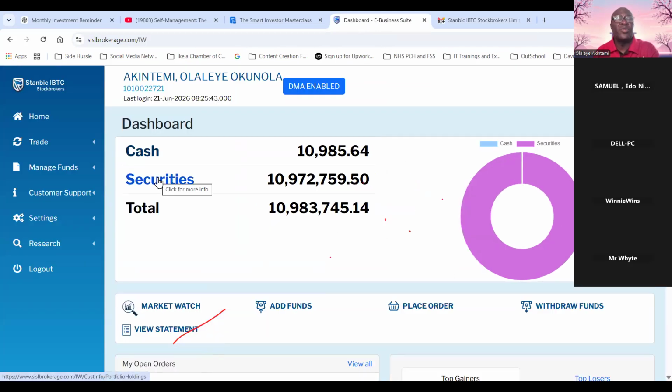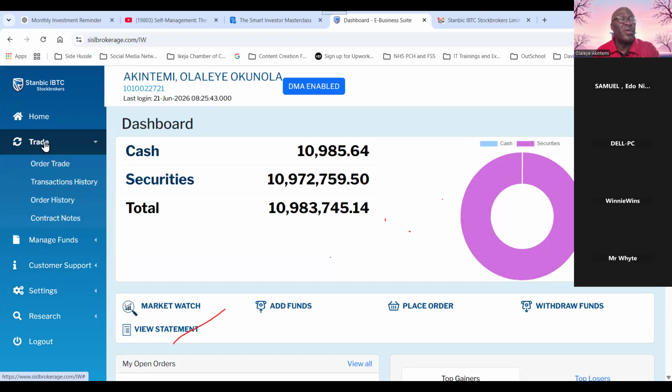Can you see my screen for my Stanbic IBTC dashboard? Yes, sir. You're seeing the Stanbic IBTC stockbroker, right? Yes, sir. Okay, good.